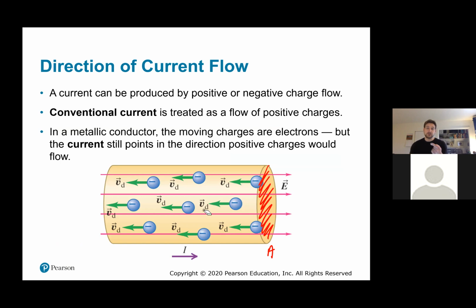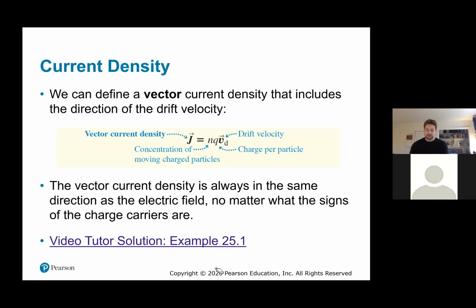And we define the current density so that it points in the same direction as the electric field that creates the current. The drift velocity is to the left, but the charges are negative, so we use the opposite direction, and we end up talking about a current density to the right, which is the same direction the field was pointing.